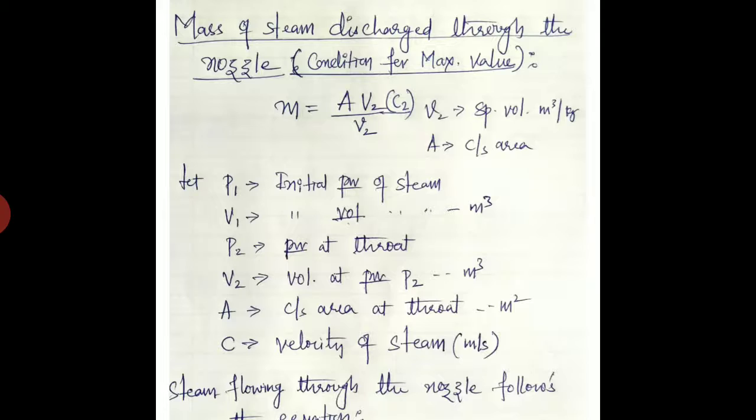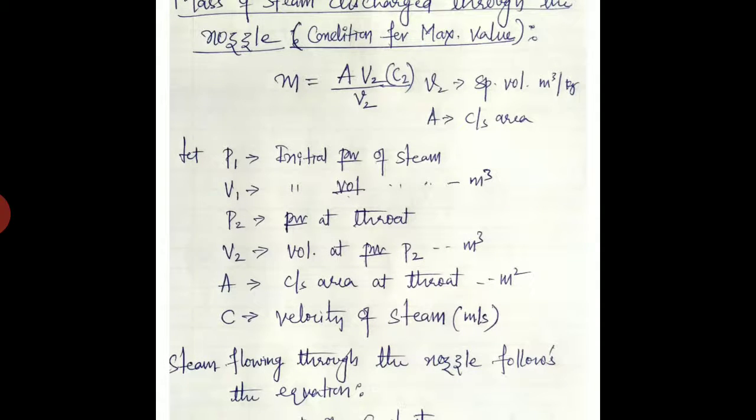Because lots of V1 and V2 will be coming, I'm making a small change: instead of V2, I'm taking C2 as the velocity at the exit. You can write V2 also, no problem, but since lots of V1 and V2 volumes or velocities are coming in the relations ahead, to avoid confusion I'm taking C2 here.